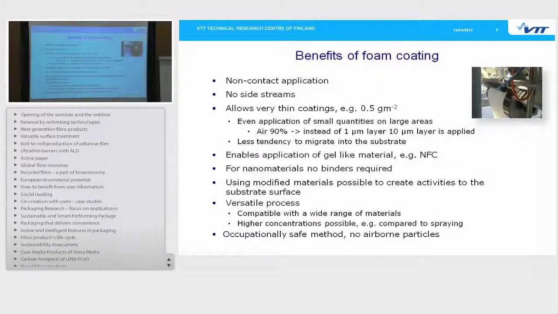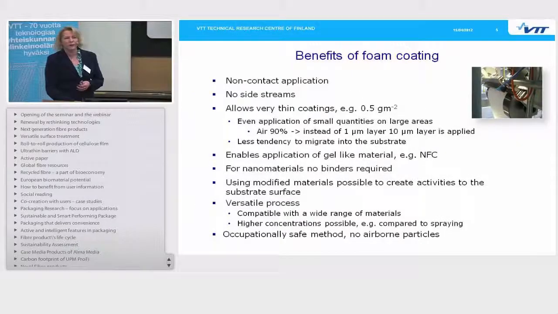So why do this foam coating? What are the benefits? At first, it's a non-contact coating method, and that is very important when we have nanomaterials. There are also no side streams, meaning that all of what you apply goes to the paper web, and you don't need to circulate the coating material.